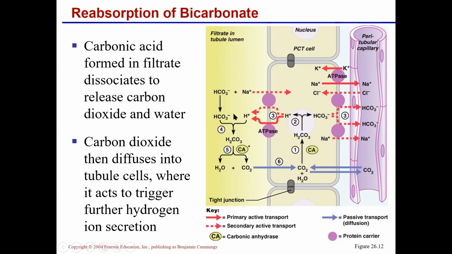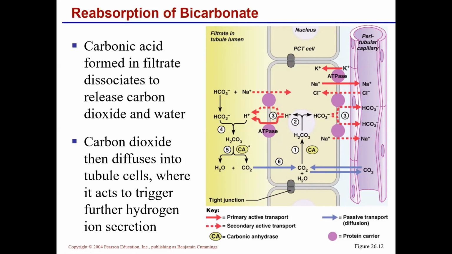into the filtrate. Once the hydrogen gets to the filtrate, it's going to bind with bicarbonate ions filtered from blood to form more CO2. Then this CO2 can diffuse, based on the concentration gradient, back into the cell. As long as you have a lot of CO2 in the cuboidal cell, this reaction will continue in this direction to make more bicarbonate ions, and the bicarbonate ions can be reabsorbed back into the blood.